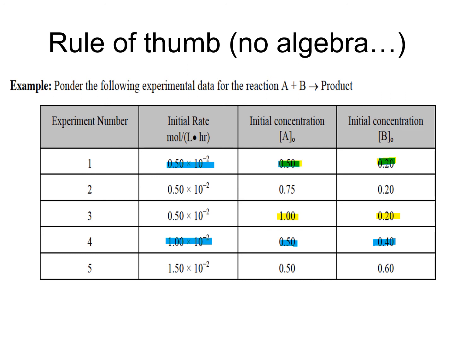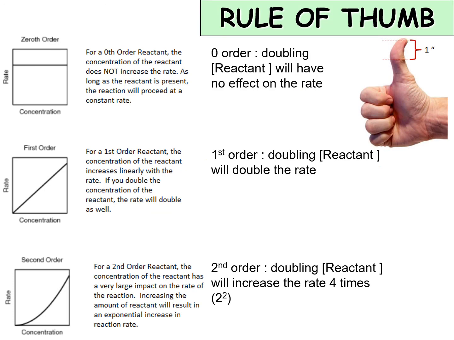So I can tell that by doubling A while keeping B constant, nothing happens to the rate. So that should give me the answer that the order with respect to A is 0. So this is the rule of thumb. When you have 0 order, doubling the reactant has no effect on the rate. Cutting in half the reactant has no effect on the rate.